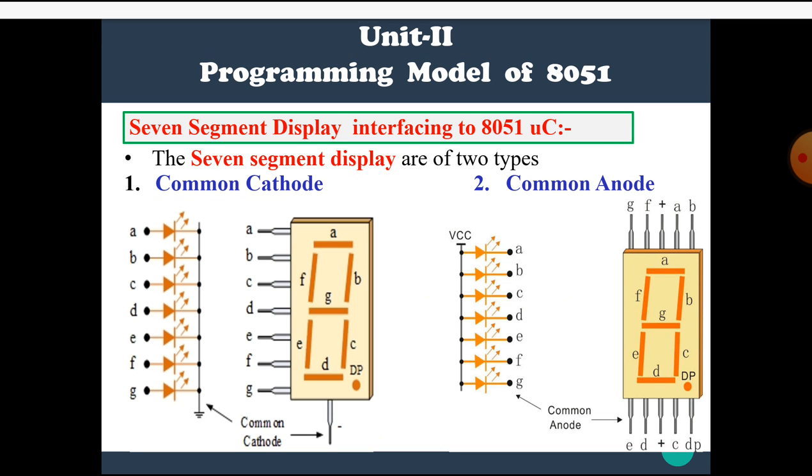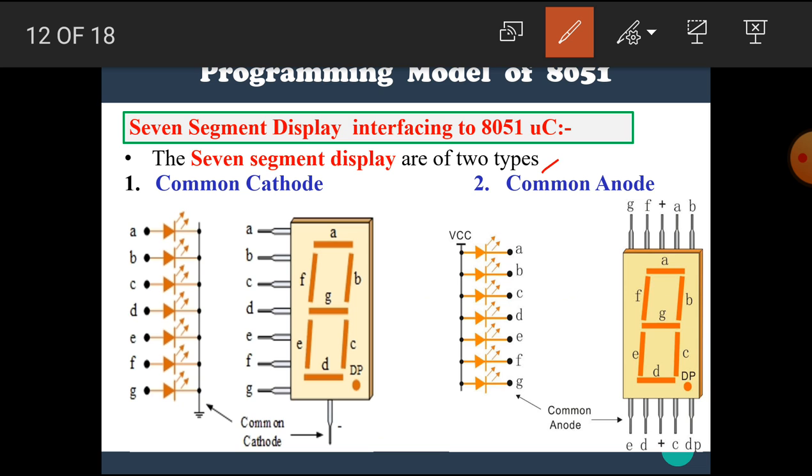The 7 segment displays are mainly of two types, common anode and common cathode. Let's see once again, this is the LED. It has two terminals, anode and cathode. We know that in a 7 segment display there are total 7 LEDs.